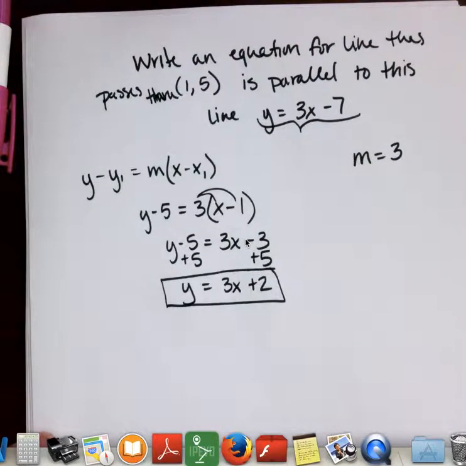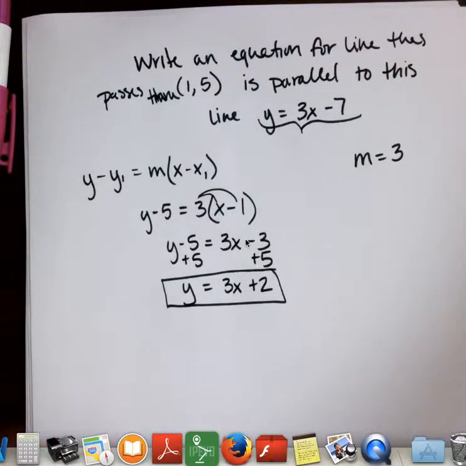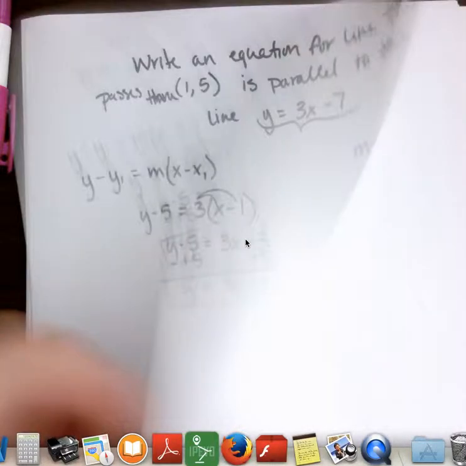I can do the same thing for perpendicular lines. But remember, instead of being the same slope, it's going to be the opposite reciprocal.